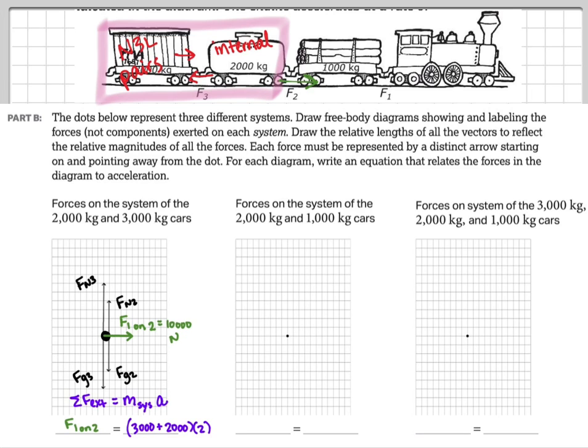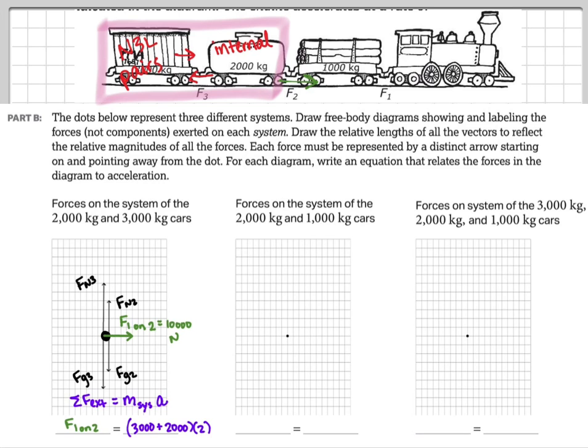If we wanted to call that force by its full name, it's the force of 1 on 2, because it's the 1,000 cart pulling on the 2,000 cart, but the 2,000 cart is part of the system, so it's external to the system. I usually tweak my Newton's second law equation a little bit. I put a subscript ext for external on my net force.